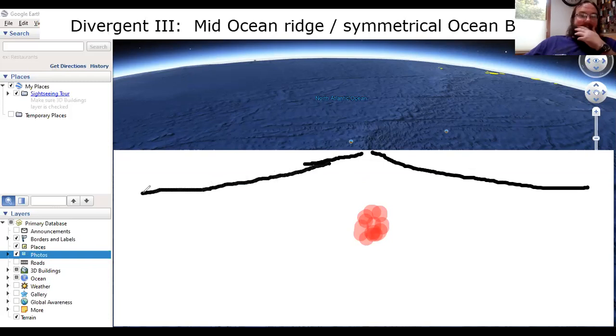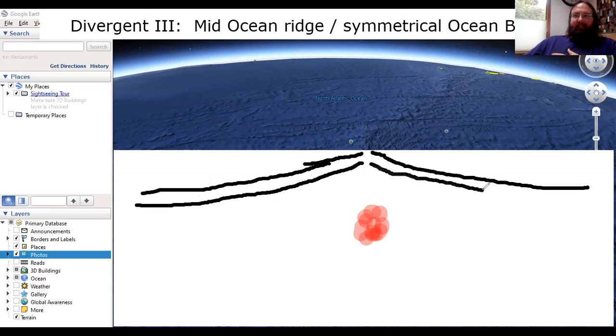There are two things causing the subsidence to take place from a mid-ocean ridge. One, the crust itself is getting cooler. Secondly, remember that the asthenosphere-lithosphere boundary is within the mantle, and it's a boundary not of composition.